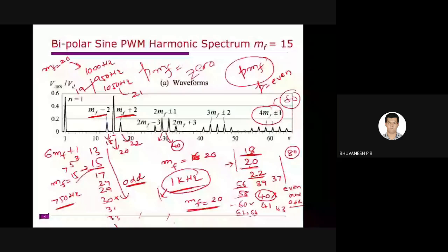If you directly select, for example, only a 1 kilohertz carrier frequency, you will get the problem of even order harmonics. To avoid that, you must choose an MF which is an odd number. Clear?